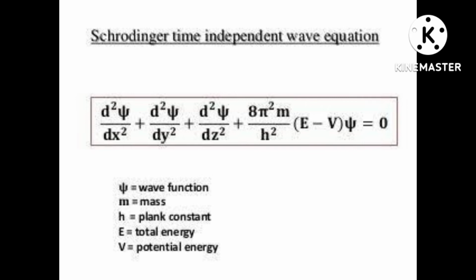The space in an atom where there is a maximum probability of finding an electron is called an orbital. That room is called an orbital.